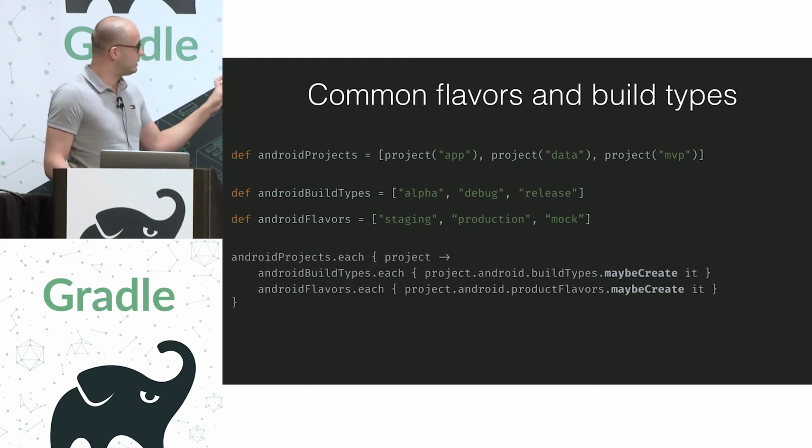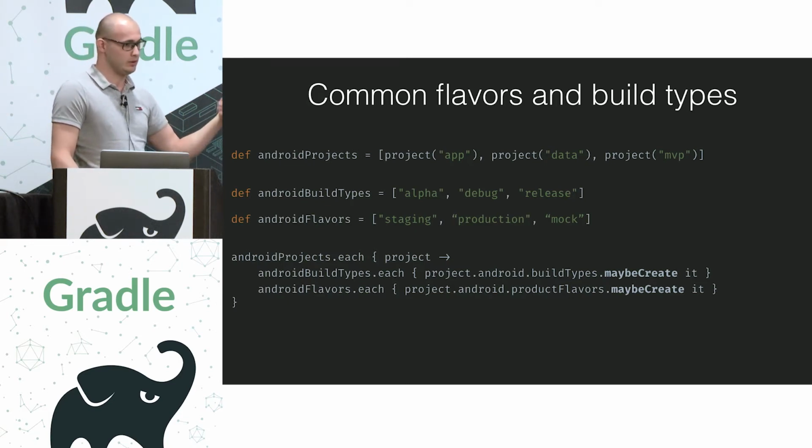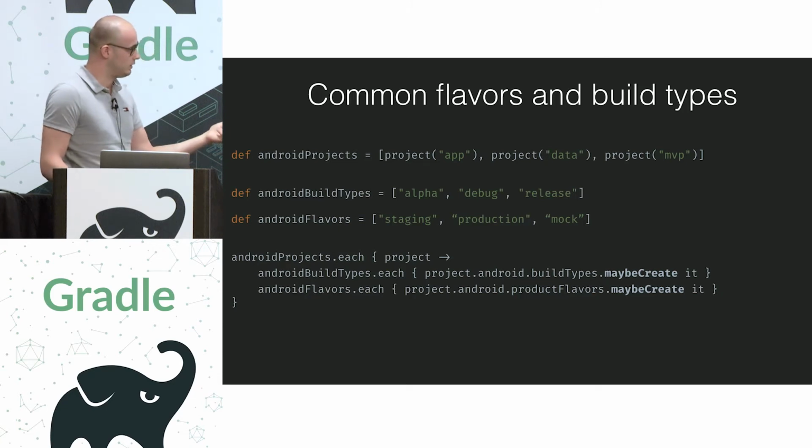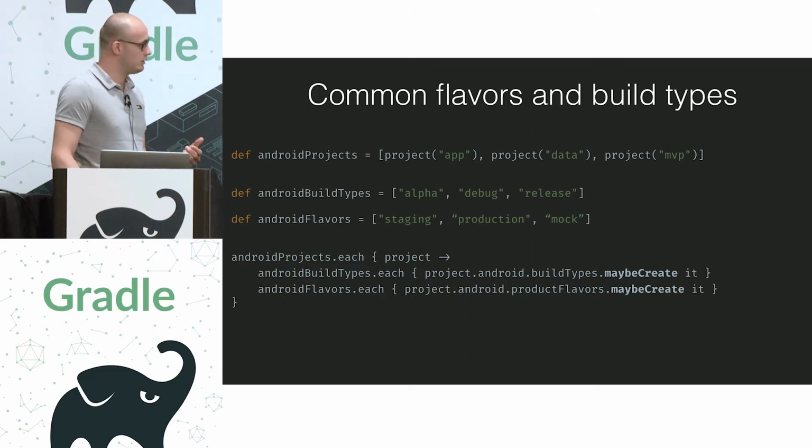And then for each Android project and for each of the build types, we can do project.android. We know we can do .android because this is an extension and we get a property for that. Then .buildTypes or productFlavors, and this is because we get a property in the app extension for that.